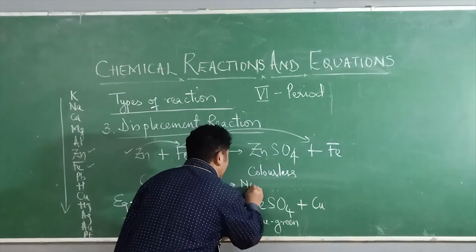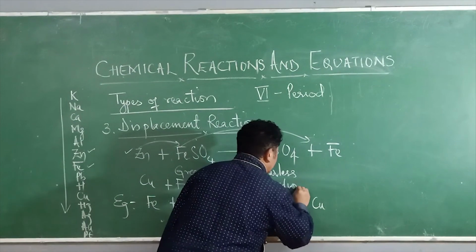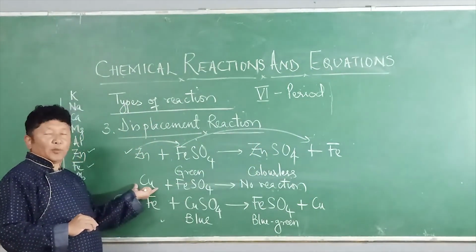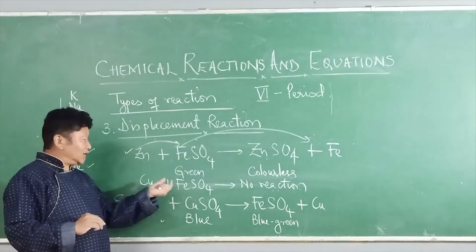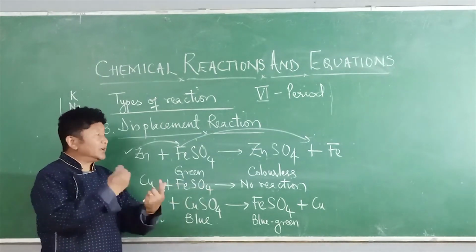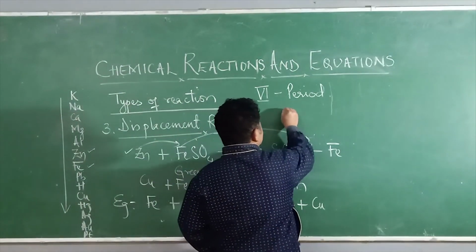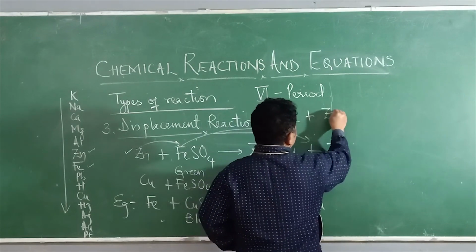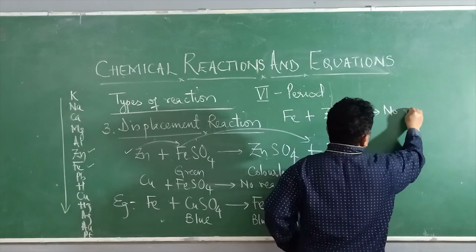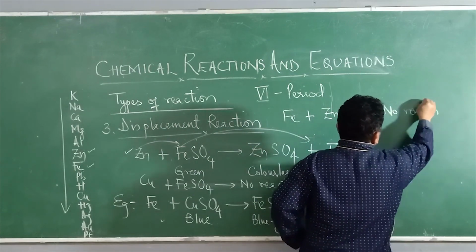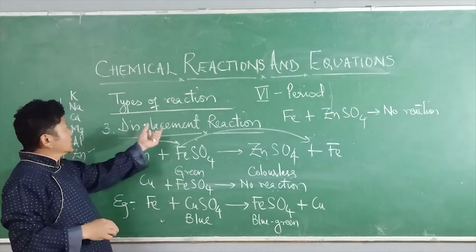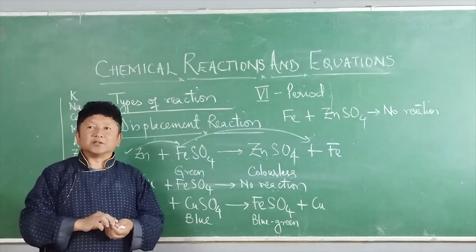So you can write down no reaction, because copper is less reactive than iron. Therefore, copper cannot displace iron from this iron sulfate solution. Similarly, iron cannot displace zinc from zinc sulfate solution. Therefore, it is also no reaction.